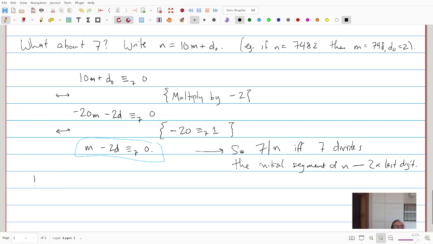So, as an example, do I have a number here? 7451, divisible by 7.